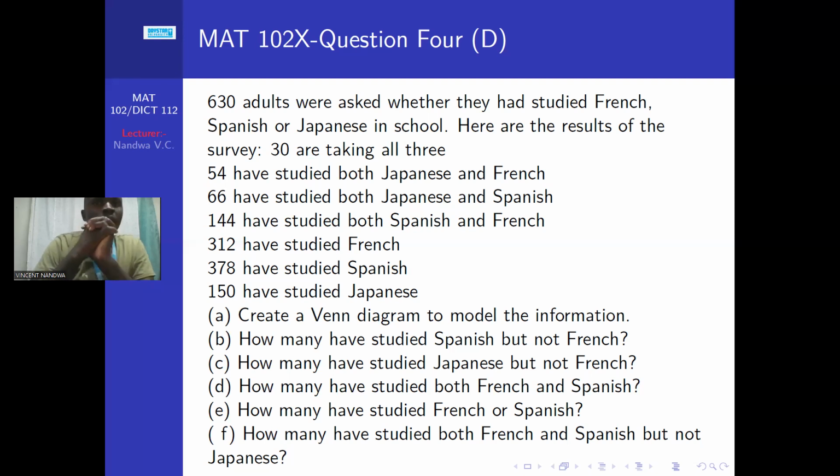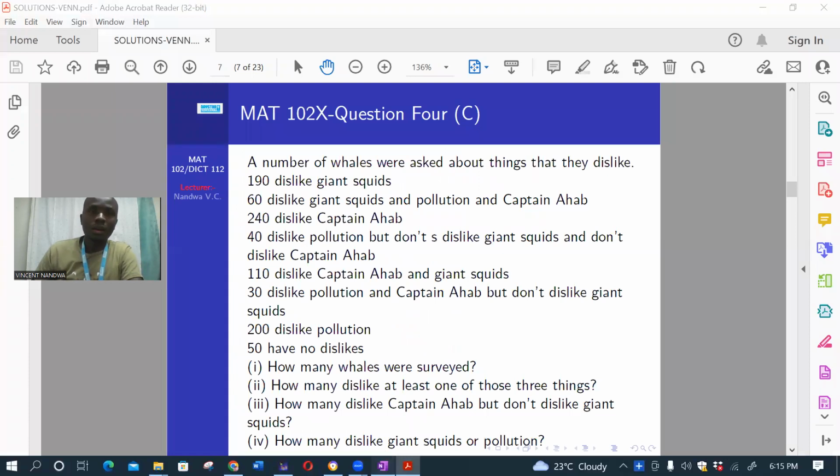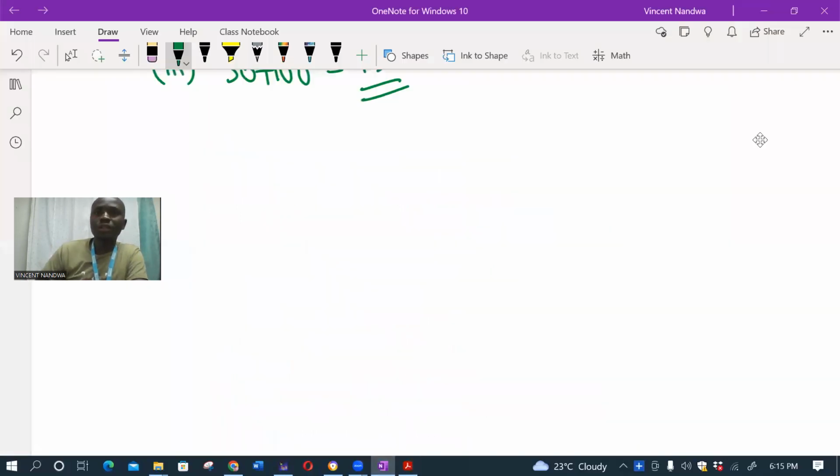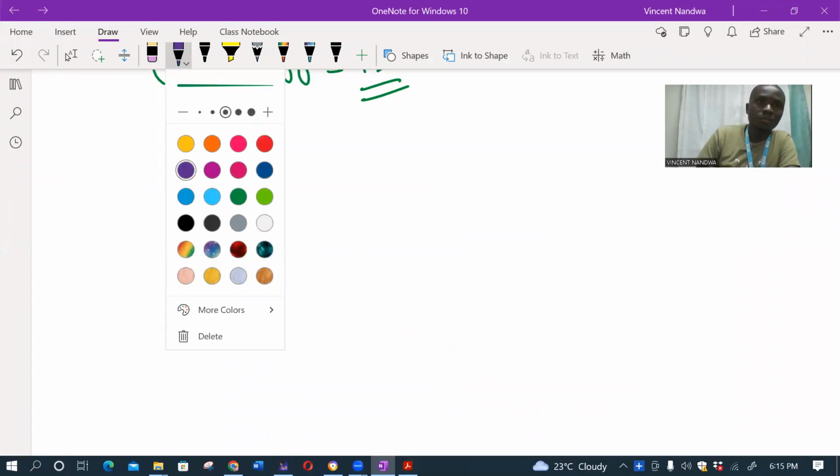This question has three main sets of interest: a set of those who study Spanish, French, and Japanese. So in our Venn diagram, it's clear that we are going to have three circles, and then use the information that is given to fill the sections of those three circles.